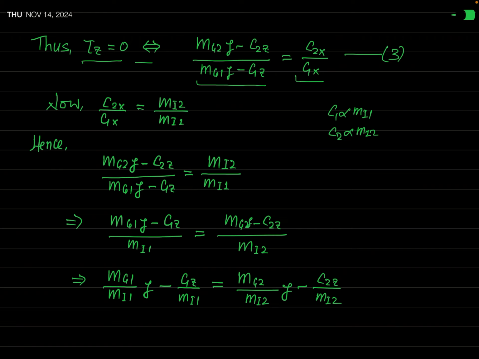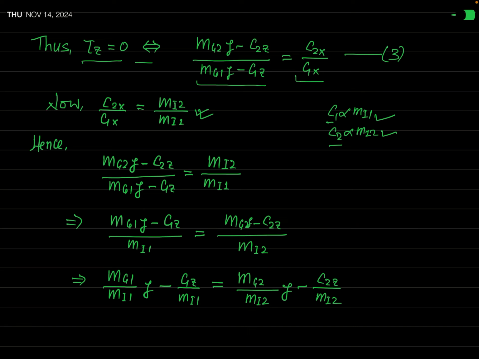But as we have seen earlier, C1 is proportional to mi1 and C2 is proportional to mi2. It means the centrifugal force acting on the first body is proportional to the inertial mass of the first body, and the centrifugal force acting on the second body is proportional to the inertial mass of the second body. So its x component will also be proportional to these masses. So you can say that C2x by C1x must be equal to mi2 over mi1.